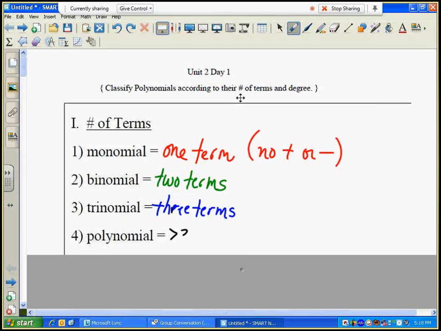So greater than 3, we just call a polynomial. On all of these, the binomial, the trinomial, and the polynomial, you're going to see pluses and minuses. Okay? Let's do a couple of examples.